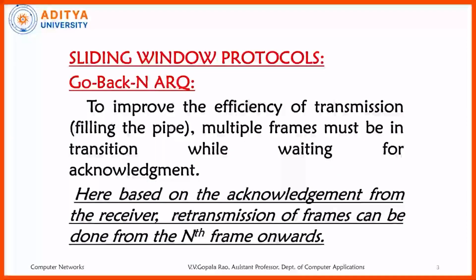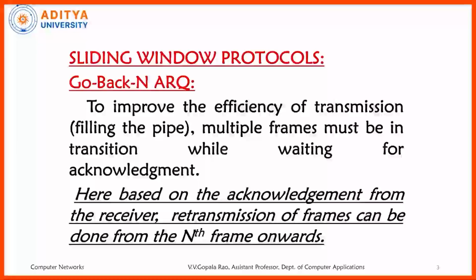More than one frame is placed in the predetermined size of window. Remember that the window is nothing but a memory block where a certain number of frames will be placed. How the numbering works, and the way of numbering the frames, we are going to see in the coming slides.